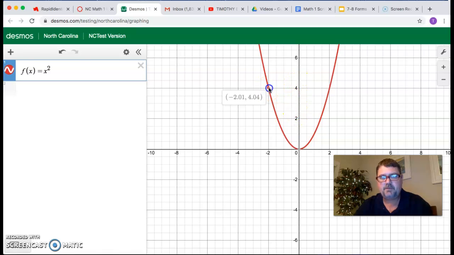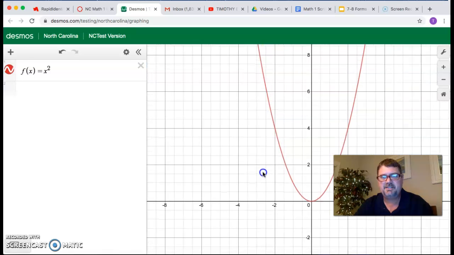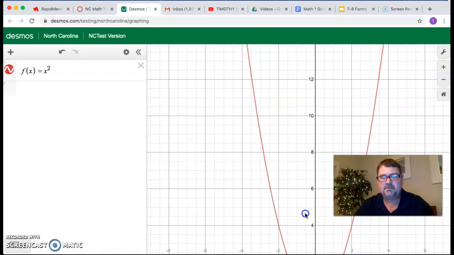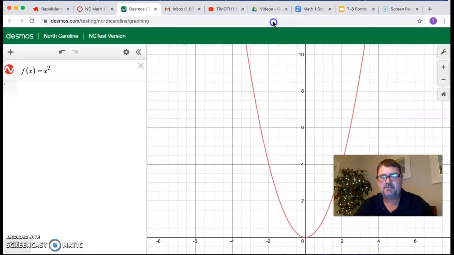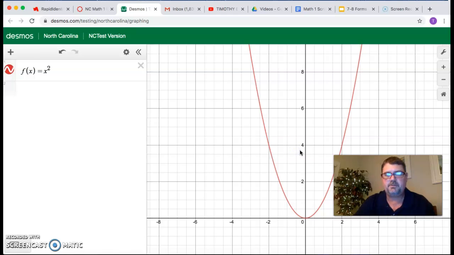Every point on this parabola is equal distance from that line. Take a look at this one: this is 2 units, and you can see it's symmetric, and anywhere you go, that's true. That's why it's called a line of symmetry. You could fold this parabola over along this line, and you'd have an exact copy.